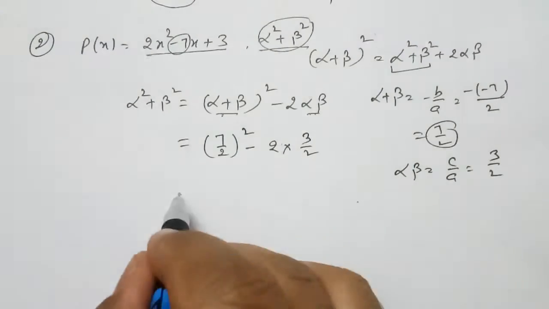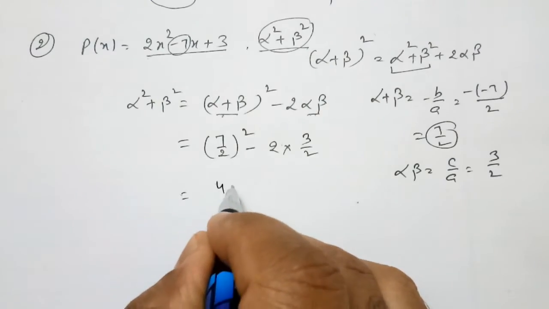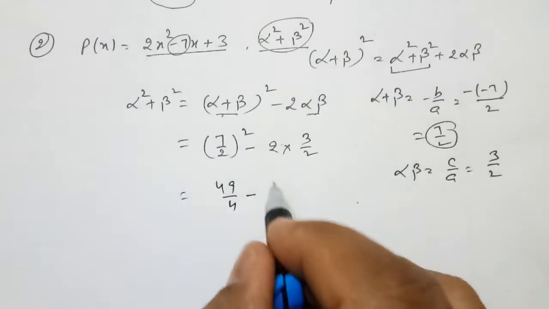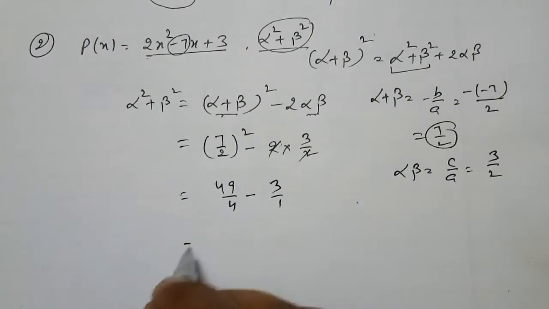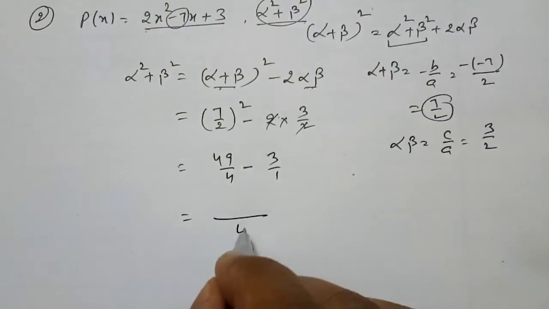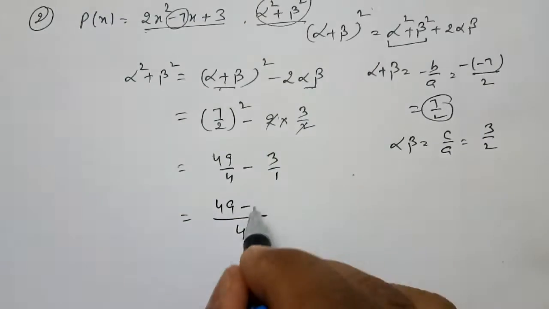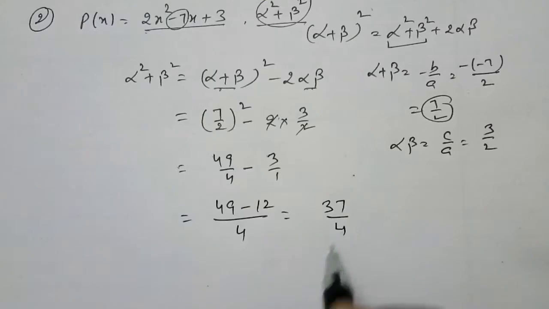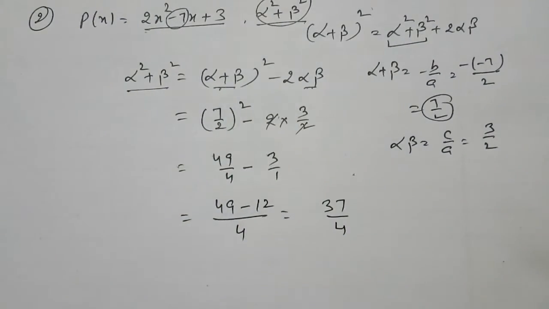So when we do the square, it is 49 by 4, and here 2 cancel with 2, it becomes 3 by 1. Now while taking its LCM is 4, so it is 49 minus 12, so it is 37 by 4. So the value of alpha square plus beta square is 37 by 4.